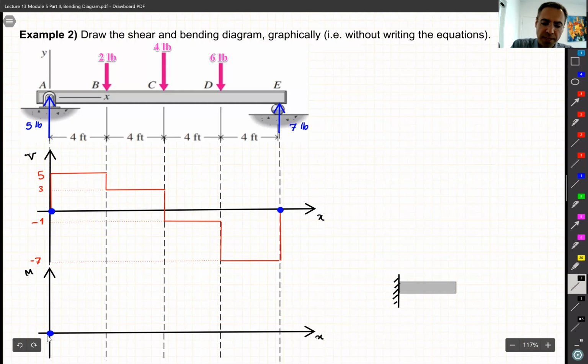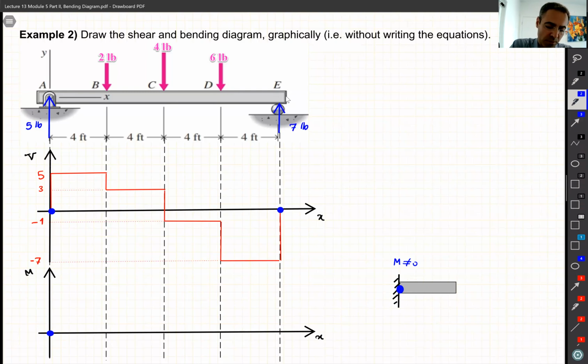If one end is fixed, then at this point, remember, M is not 0. But whenever you see a joint like a pin here, like point A on this beam, or a roller like point E, they are 0. So no doubt, the beginning and end, we know they are 0. Later, when you see something like a fixed end, M is not 0.